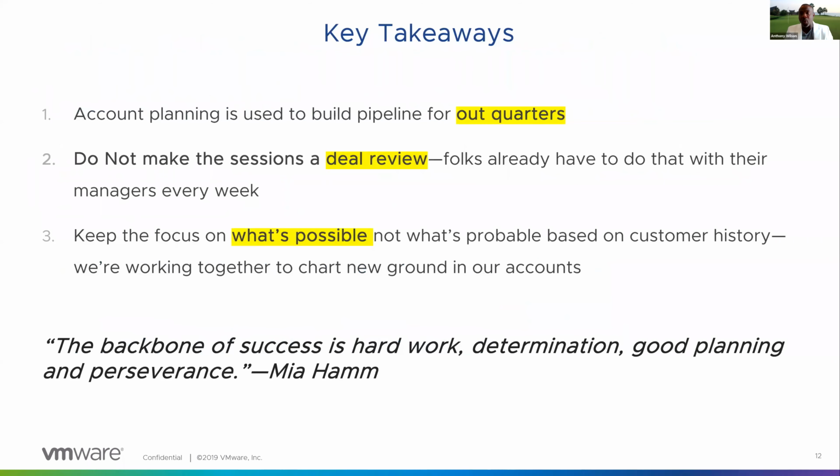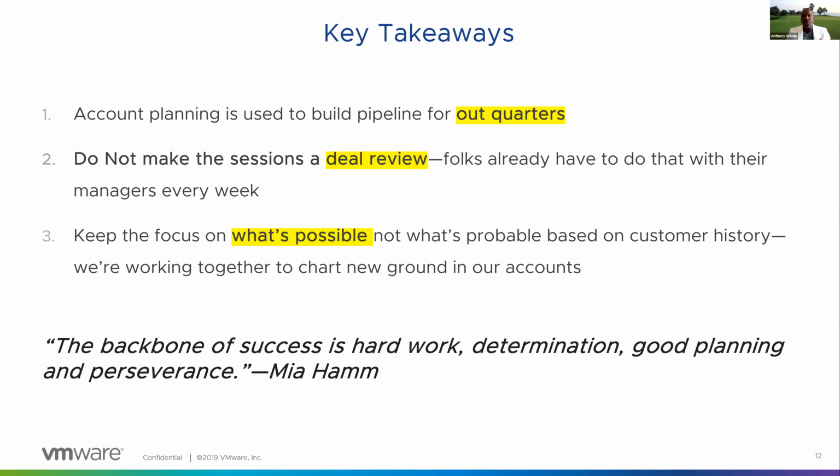Some key takeaways that I want you to take with you. Account planning is used to build pipeline for out quarters, not in quarter. Do not make your sessions with the extended team a deal review. Folks already have managers that they have to do that with every week. And I think the biggest takeaway is keep the focus on what's possible, not what's probable based on customer history, right?